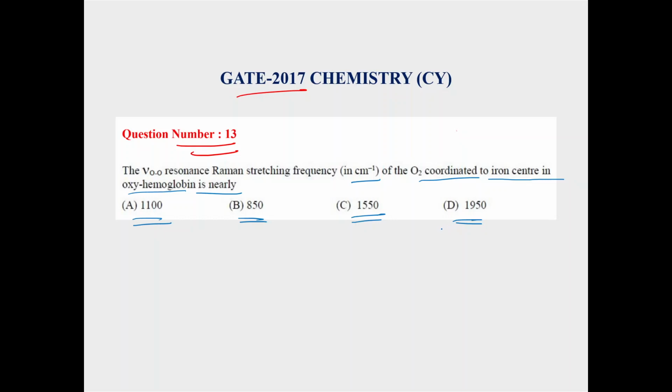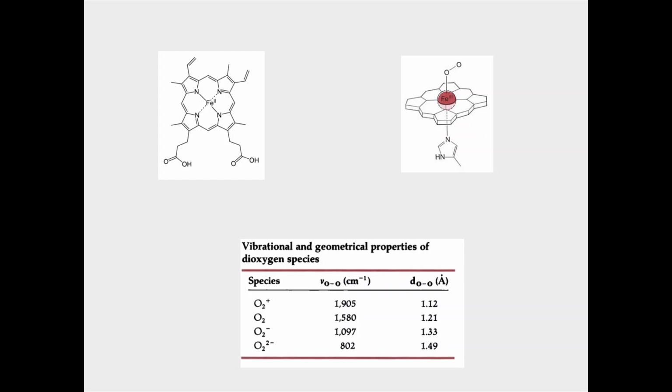So here they are asking, when oxygen O2 is coordinated to hemoglobin, at which region we get the Raman stretching frequency for that O2 coordinated to the iron of hemoglobin. First of all, this is the structure of hemoglobin.